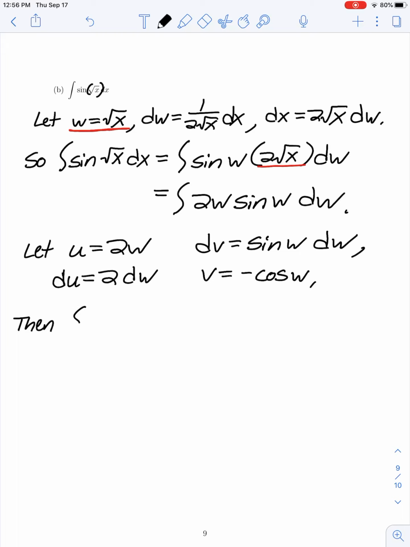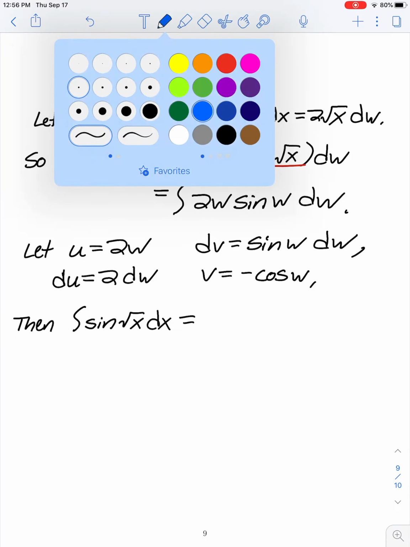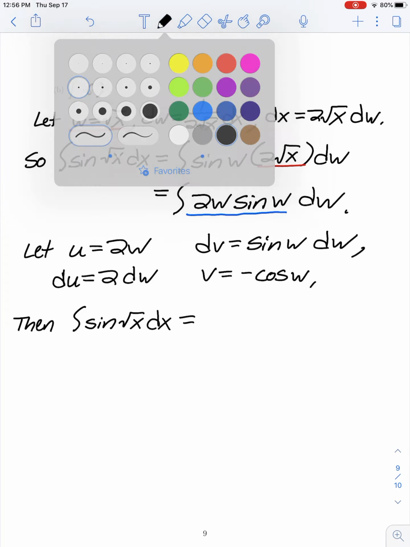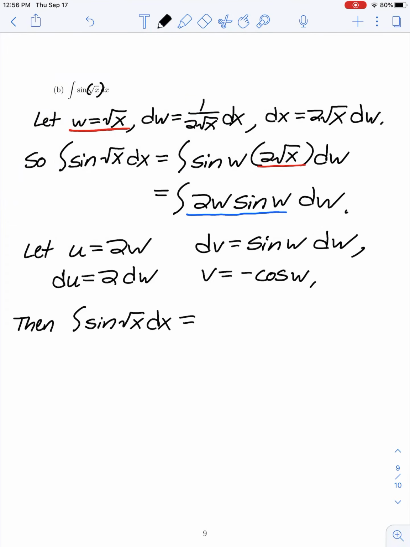So looking back at the integral that we're interested in, I want the antiderivative of sine root x dx, which was equal to the integral of 2w sine of w dw. And using integration by parts to evaluate that, we would have u times v, which is negative 2w cosine w, minus the integral of v du. So v du is negative 2 cosine w.